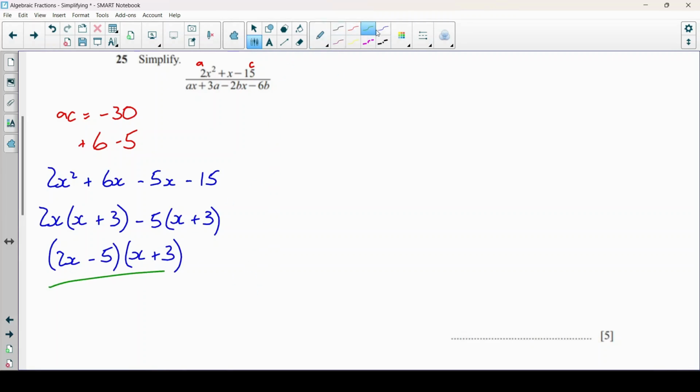The bottom looks quite complicated too. We've got ax plus 3a minus 2bx minus 6b. So let's make two single brackets. I can take a out of the first two.